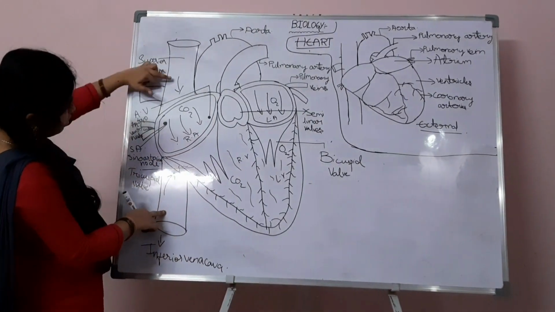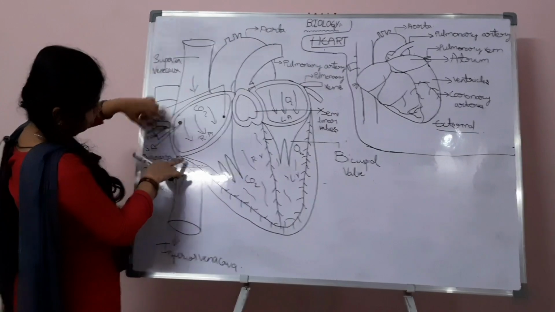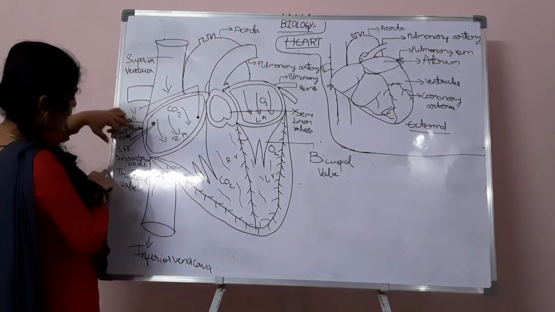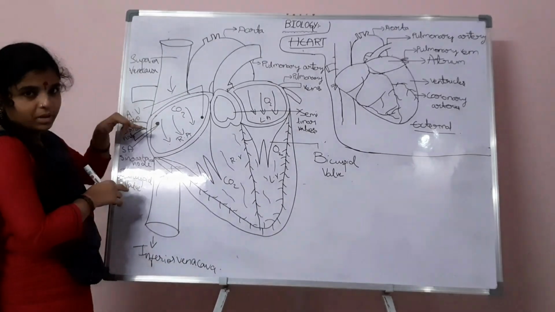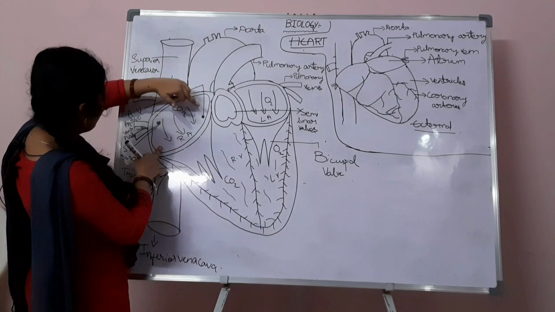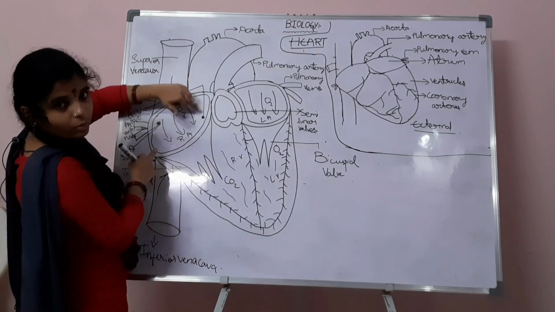When the blood from these two veins enters into the right atrium, the sinoatrial node generates an impulse, and it reaches the AV node, the atrioventricular node.